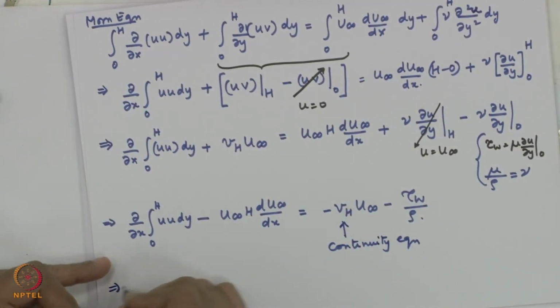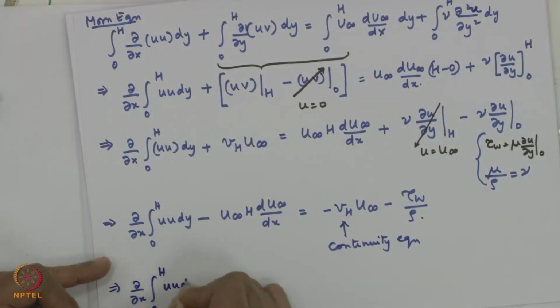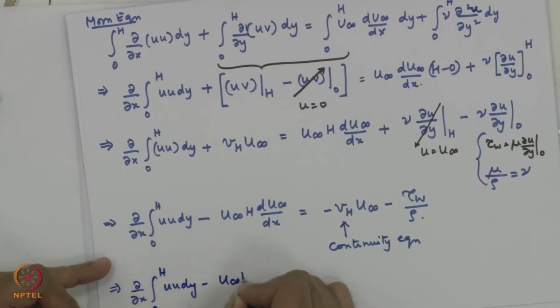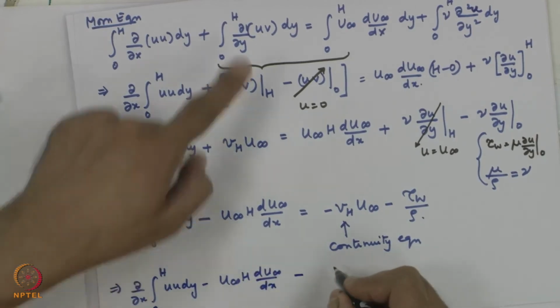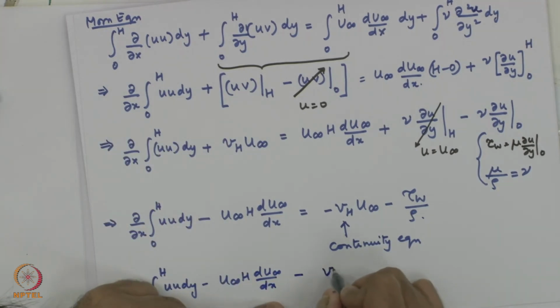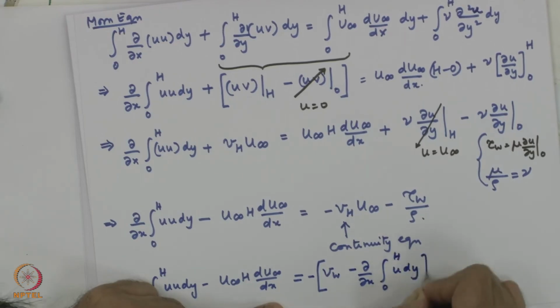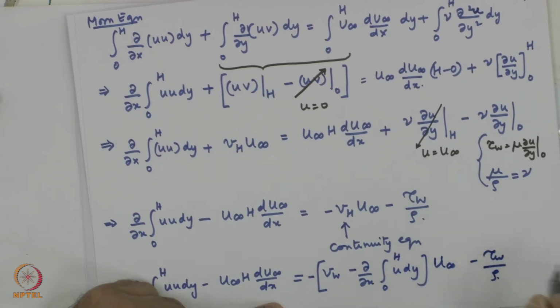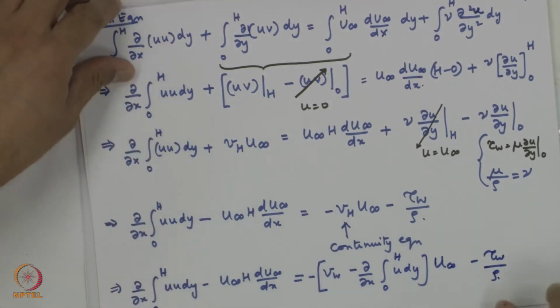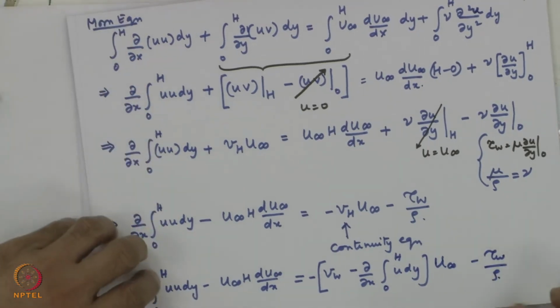So, I would get d by dx of integral 0 to h u squared dy minus u infinity h du infinity by dx minus, substitute for Vh, which is nothing but Vw minus d by dx of integral 0 to h u dy, times u infinity, minus tau wall by rho.